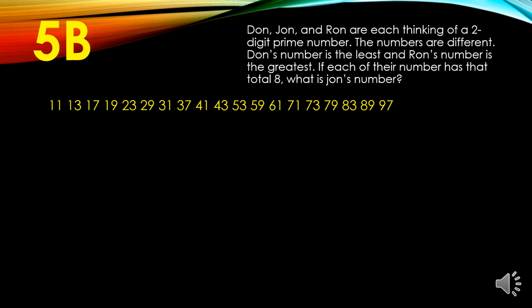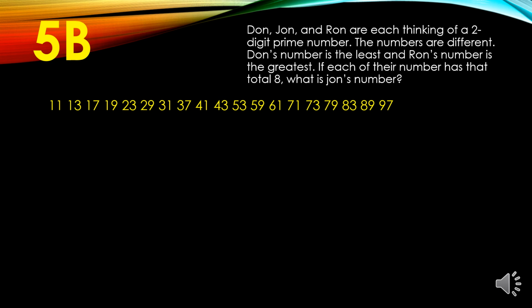So it means I already skipped the single-digit primes. It is just all the two-digit ones to satisfy the problem. 11, 13, 17, 19, 23, 28, 31, 37, 41, 43, 53, 59, 61, 71, 73, 79, 83, 89, 97.